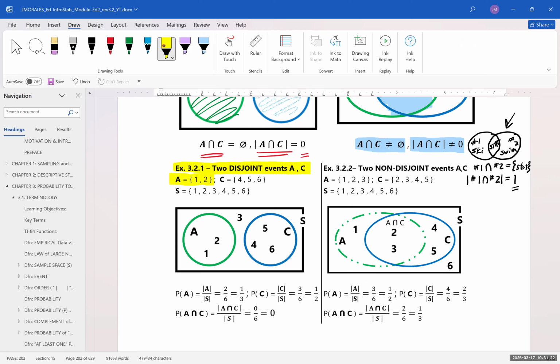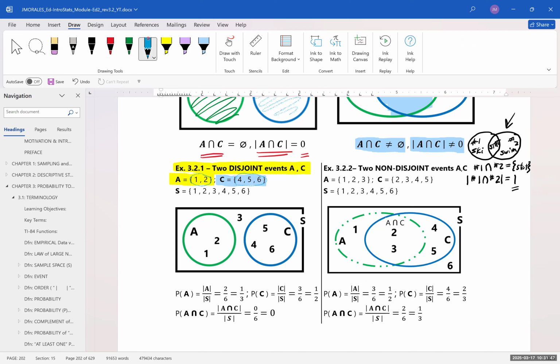So A has the outcomes 1 and 2 in it, and C has the outcomes 4, 5, and 6. And if you weren't looking at the Venn diagram at all, you would see that there are no outcomes in A that are also in C and vice versa.